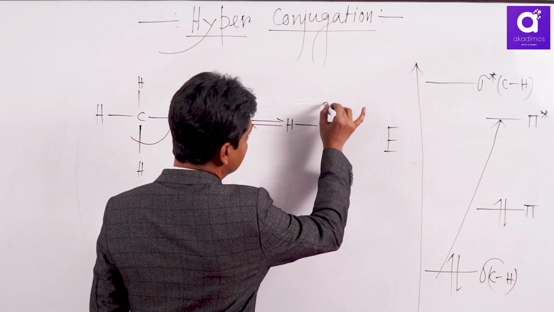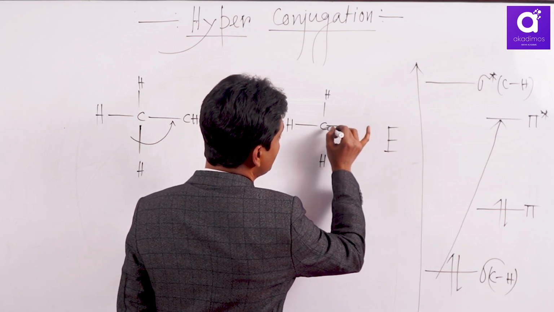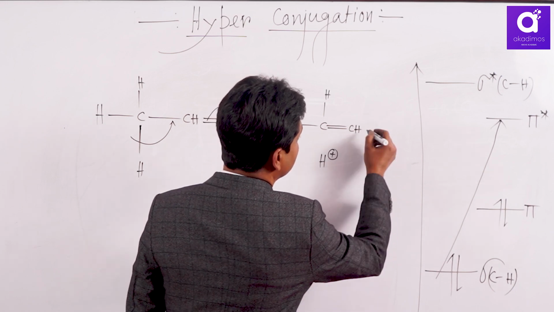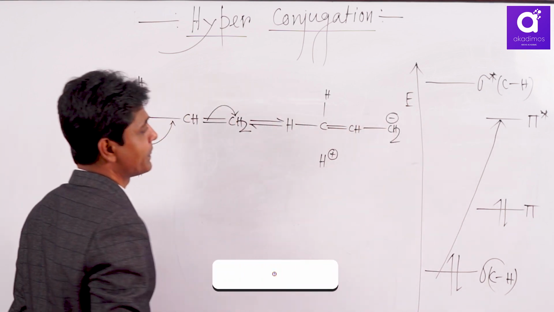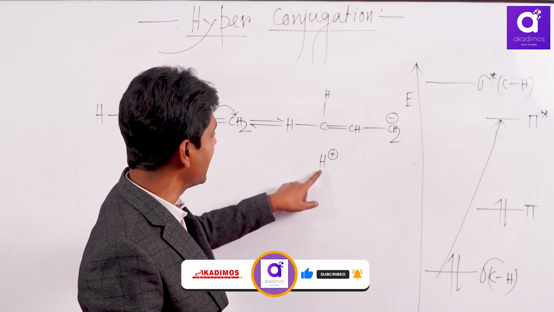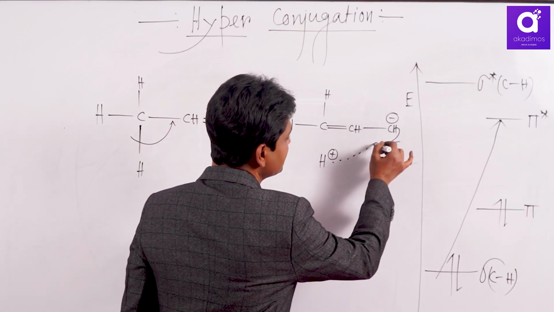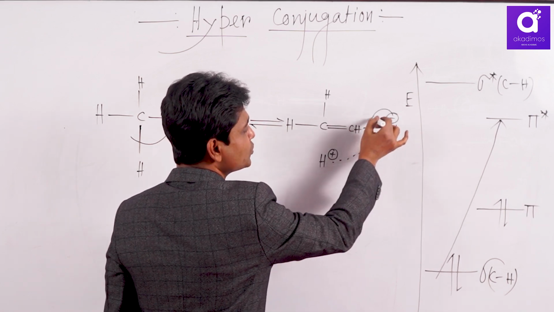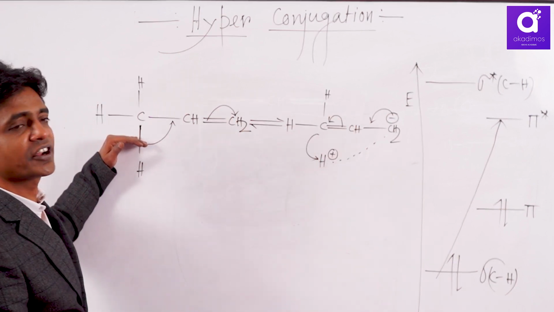This hydrogen will break as H plus, and this becomes CH single bond CH2 minus. See, now this minus is not stable enough, that's why H plus never reaches this carbon. Actually, this will take some time, and the lifetime of this structure is less than the time taken by H plus. That's why it immediately reverses back to this structure.